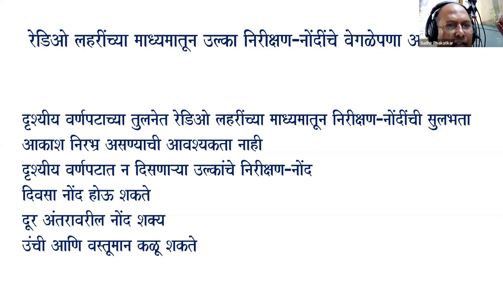Here we can get a little bit of simplicity for recording, and there is no need for the sky to be clear. Even in a cloudy sky we can observe meteors in radio form. Because of this we can record meteors which is not possible in the optical spectrum.